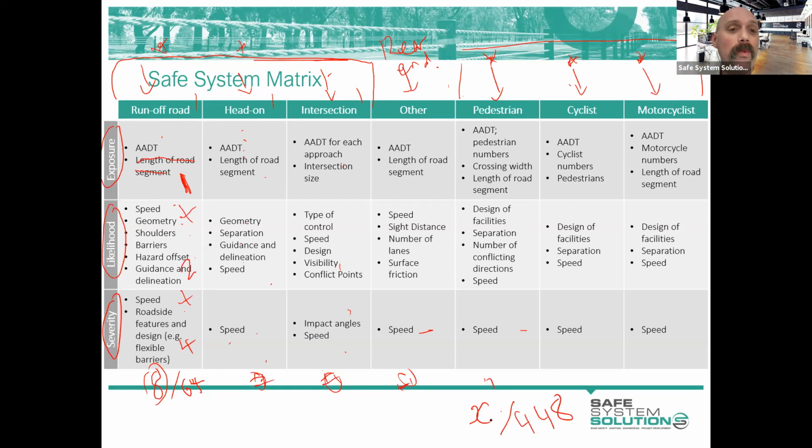So if you say there's very low likelihood of people leaving the road, you still need to acknowledge the behaviors that we're still currently seeing out there.